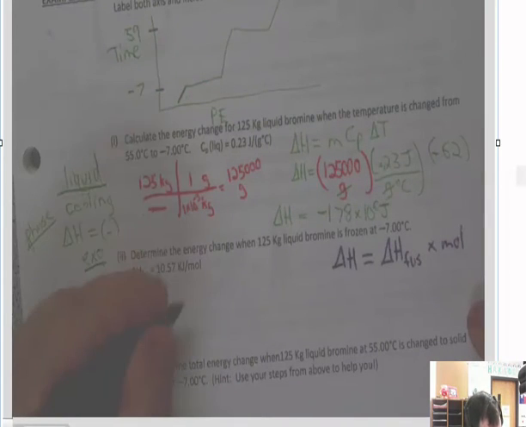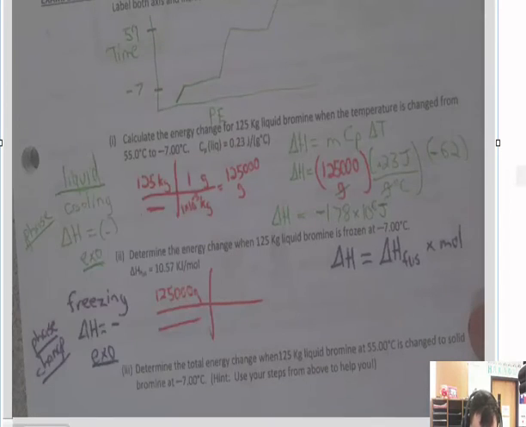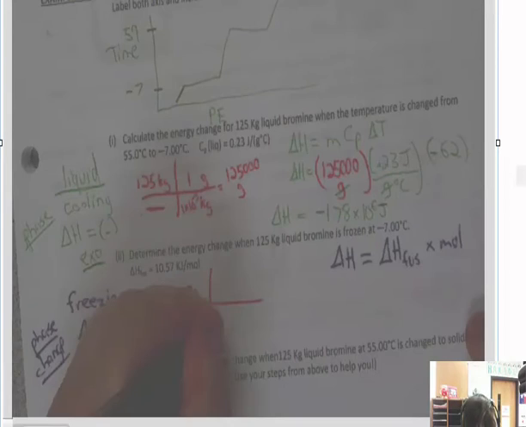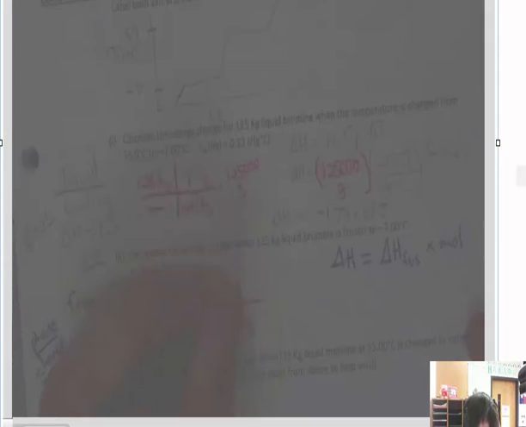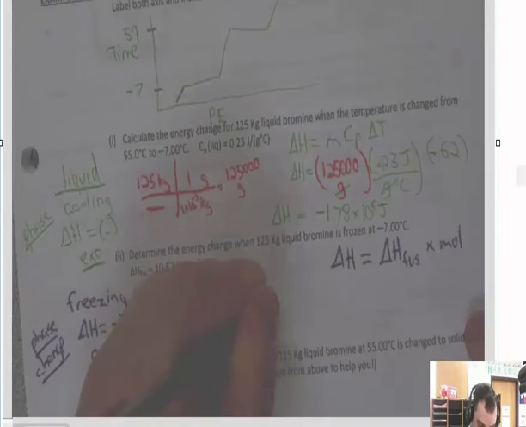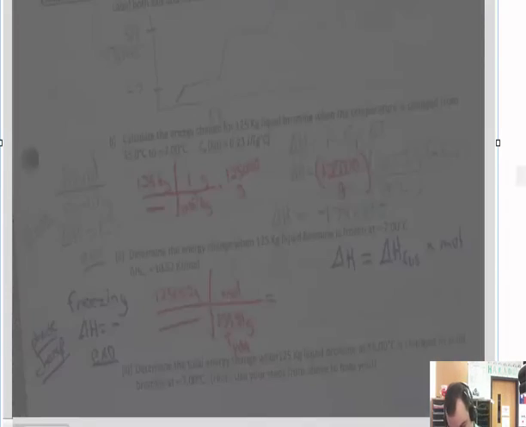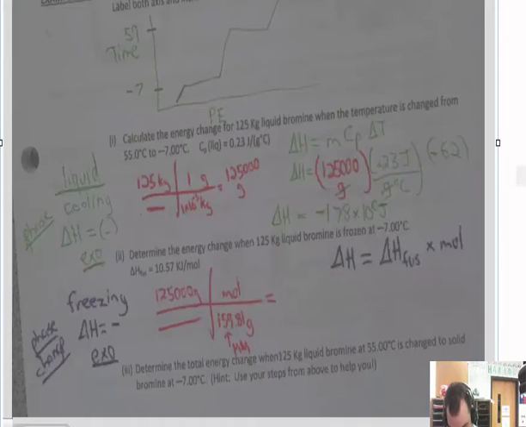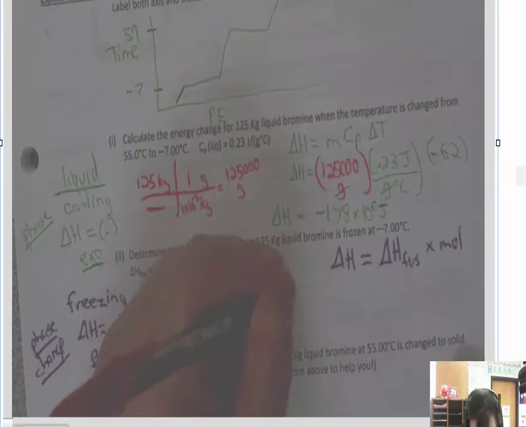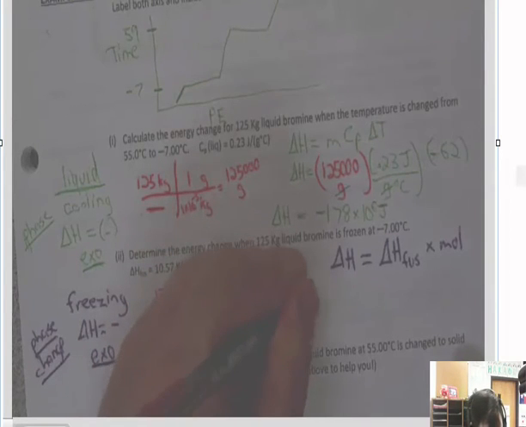Now this time I have to get the moles, so I have to do 125,000 grams, and I'm going to divide by 159.81 grams per mole because that's the molar mass. I get 782.17 moles.